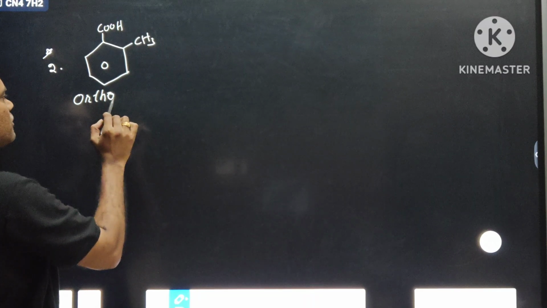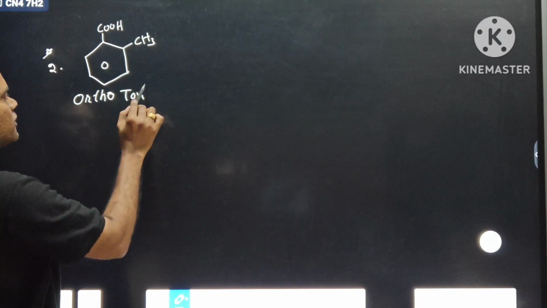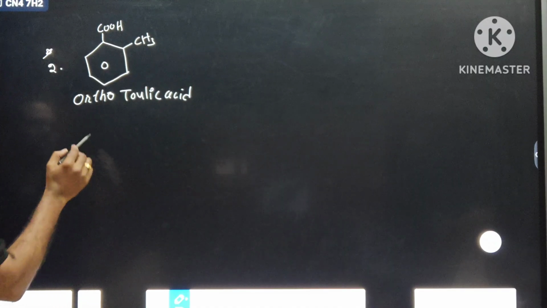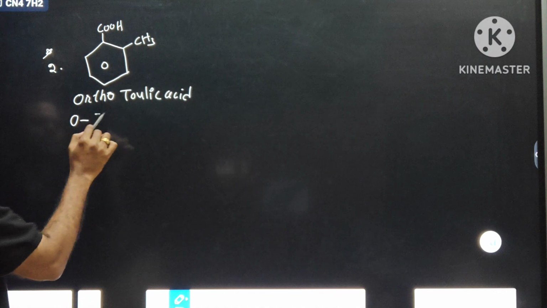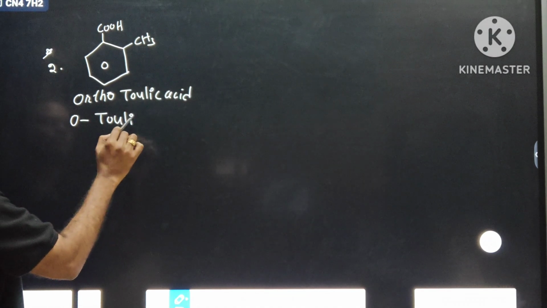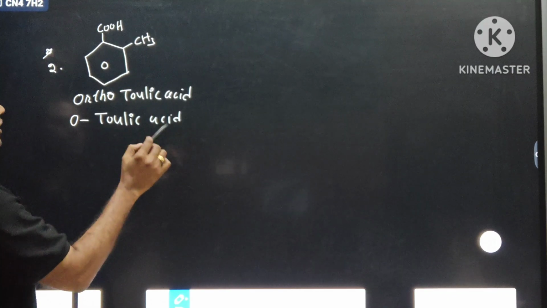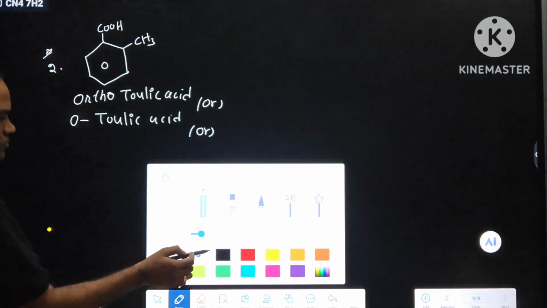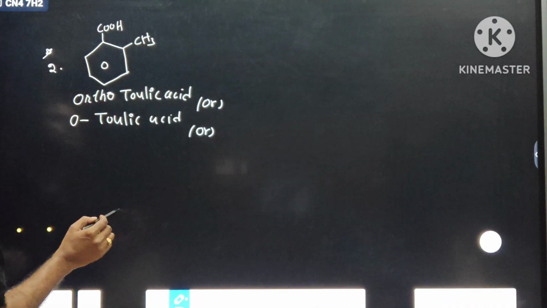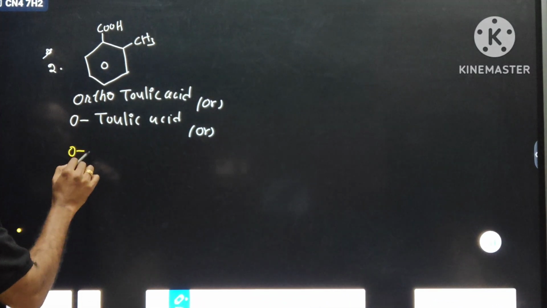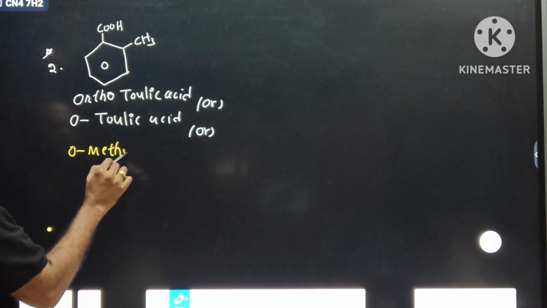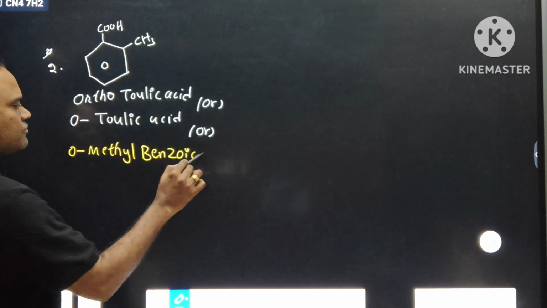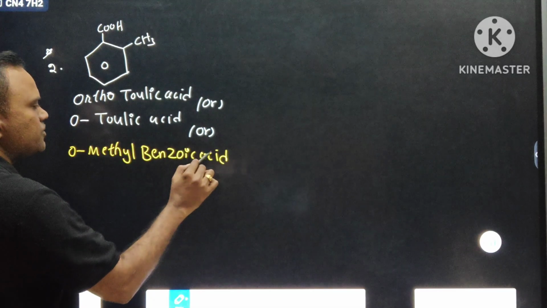Keep a star mark for all these. Ortho-toluic acid is also called o-toluic acid. O stands for ortho. Or another name: o-methyl benzoic acid, orthomethyl benzoic acid.